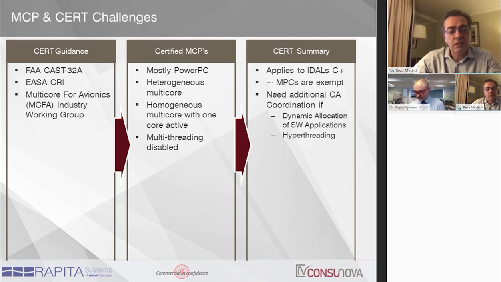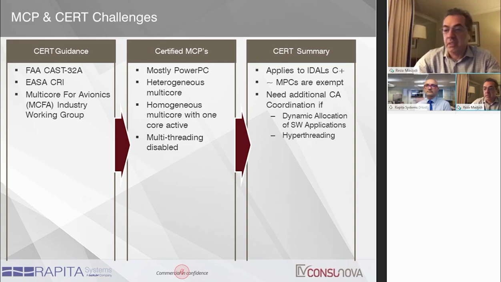In terms of the challenges, the good news is that CAST-32A really provided good guidelines. There are certification memoranda by EASA, and there are informal or formal industry groups developed to discuss this usage. Multi-cores have been certified in avionics, mostly PowerPCs, some maybe Intel-based, of different types, heterogeneous or homogeneous, even multi-threading disabled or enabled.